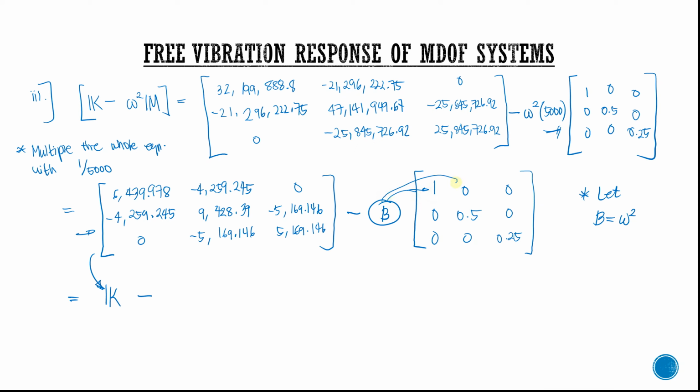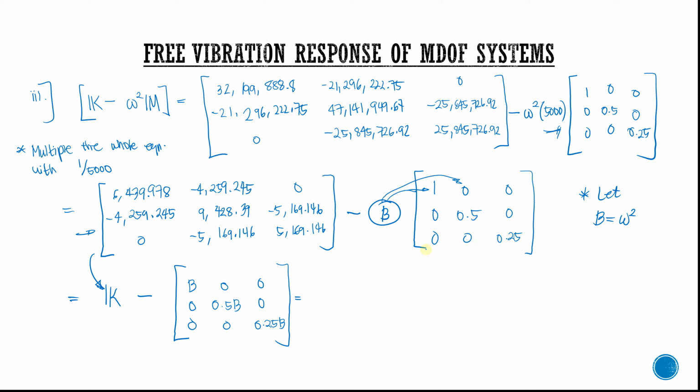We multiply this to everything, but since most of the entries here are 0, we just multiply it to the masses given. So minus, then our new mass matrix will become b, 0, 0, then 0, 0.5b, 0, and then 0, 0, 0.25b. Okay, so we have already simplified the mass matrix side.